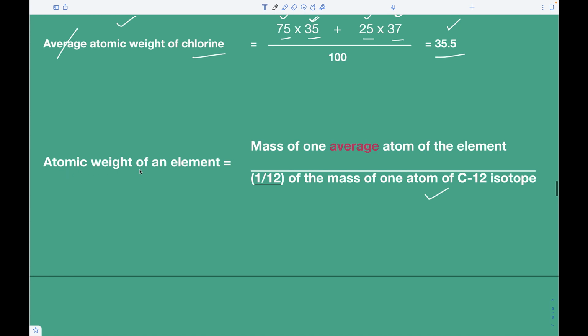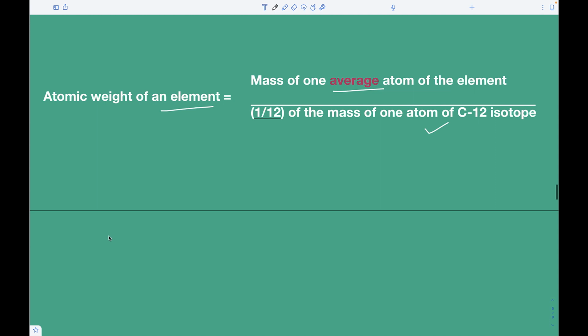Therefore, the atomic weight of an element can be defined as the mass of one average atom of the element over 1/12 of the mass of one atom of C12 isotope. That is our standard.